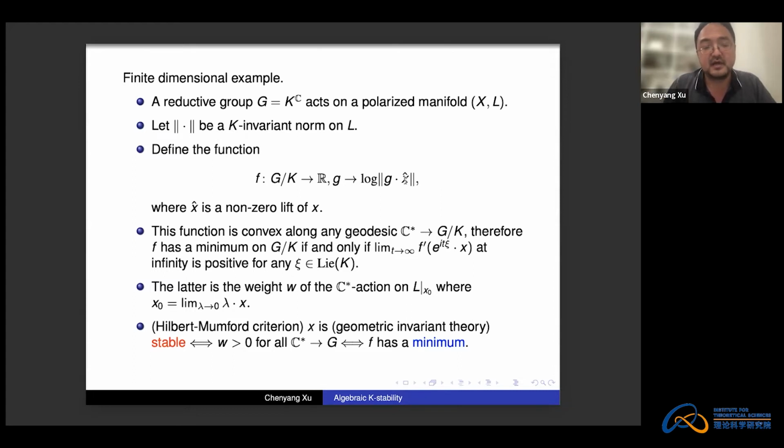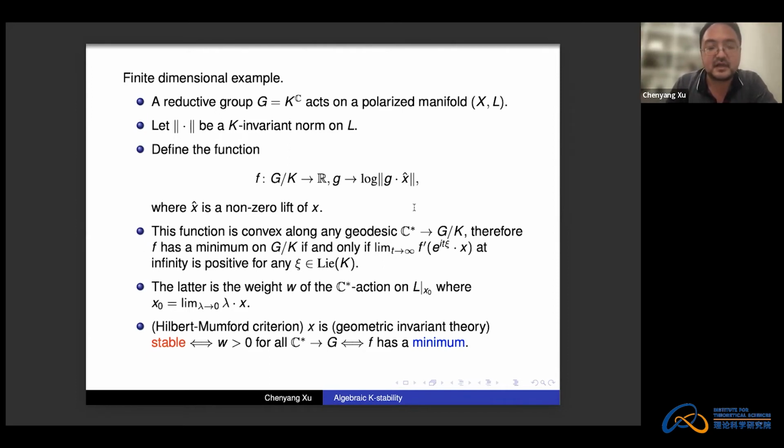Then one can prove that it has a minimum if and only if along every geodesic the slope at infinity is positive. Because if the slope is negative, then the value just will become smaller and smaller along some direction. And because of this convexity, we know that a positive slope at infinity will imply there is a minimum.